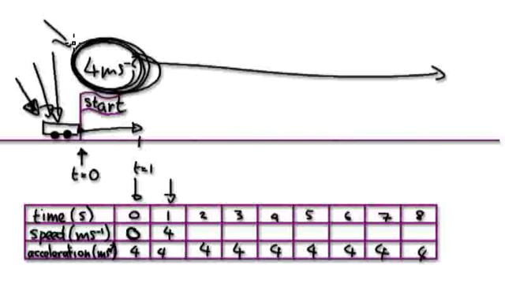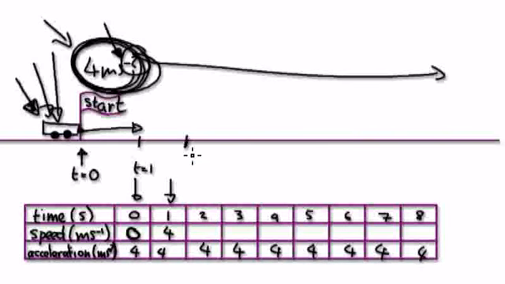When there's an acceleration of 4, it means there's going to be an increase of 4 every second. So an acceleration of 4 meters per second squared means, forget about the squared for the time being, there's an increase in speed of 4 every second.